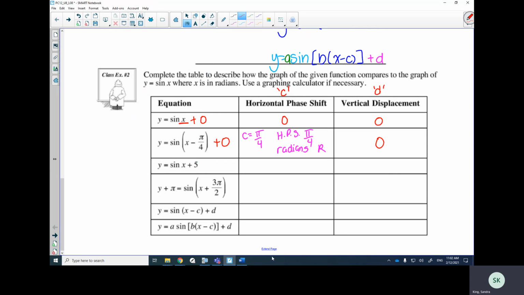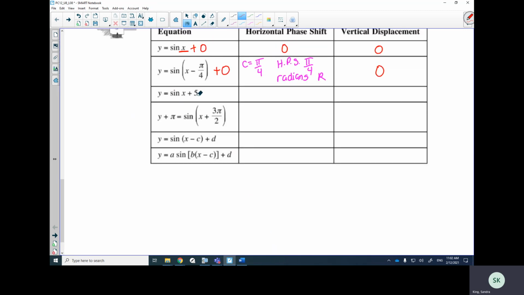Morley, what would this be? Is that a C or a D? It is a D. So D is equal to 5, vertical displacement 5 units up. There is no C value for that one. This next one has a C value and a D value.